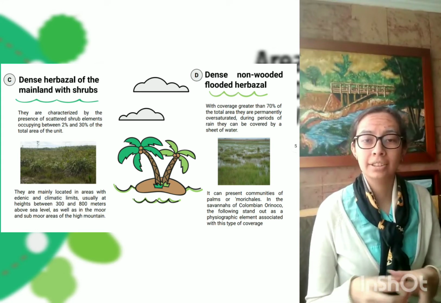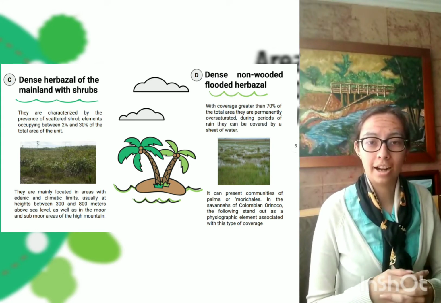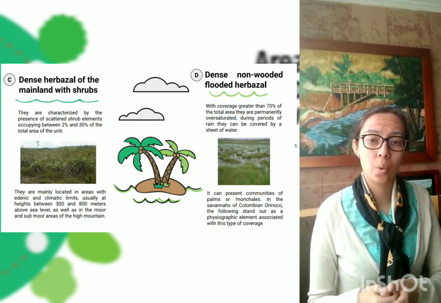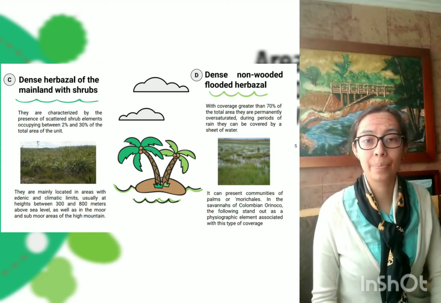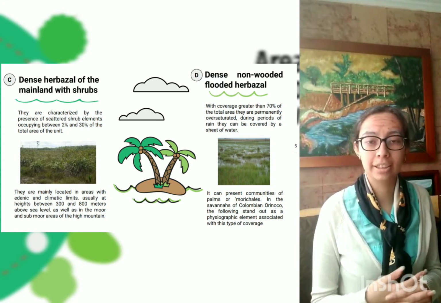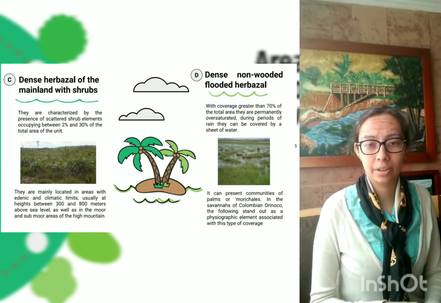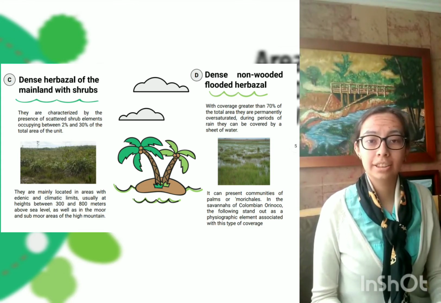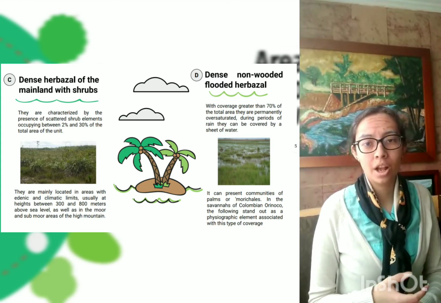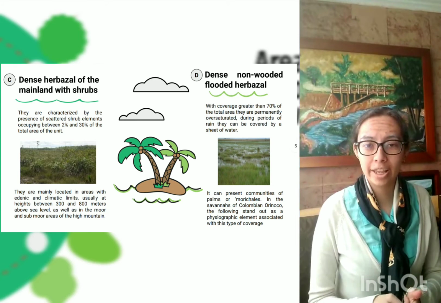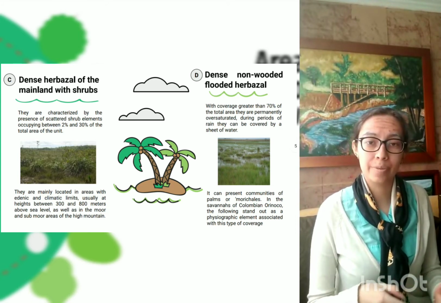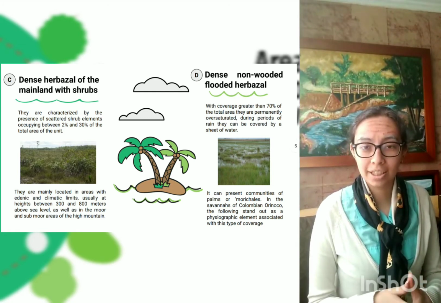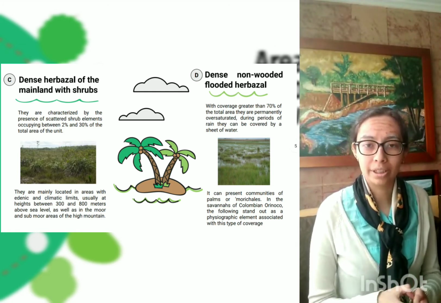And D is dense no-wooded fluvial herbaceous with cover of 70% of the area, and is constantly oversaturated in periods of rain. These can present a sheet of water.